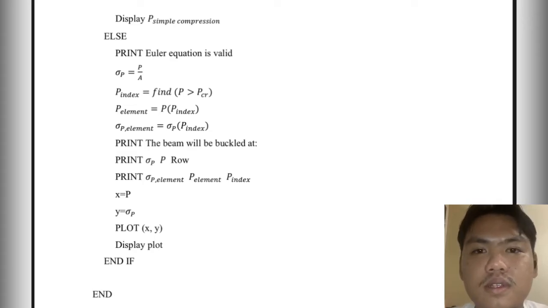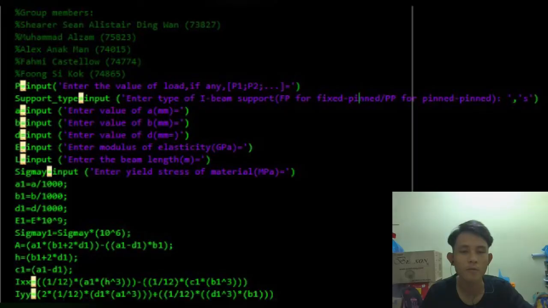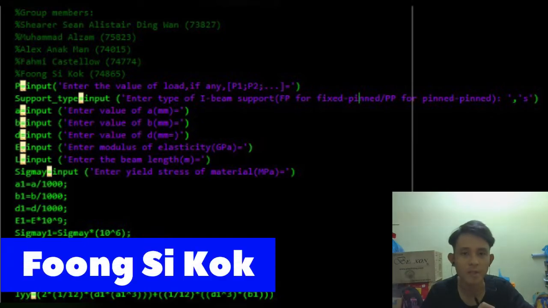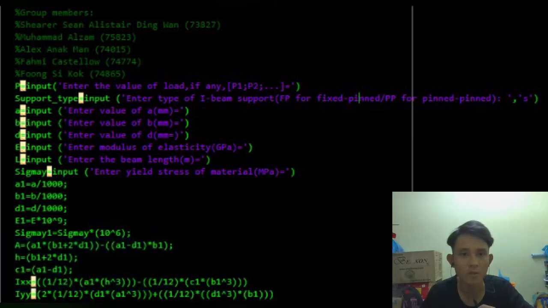That's it. For the Matlab M Script, firstly, we enter the code of the input of the values using the command x equal input and then the sentence closed with the apostrophe and bracket. Then type the code of converting the dimensions from millimeter to meter, and for yield stress from megapascal to pascal, and other dimensions.